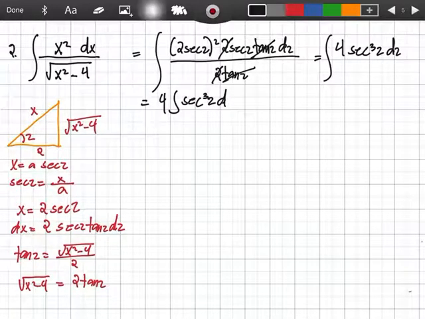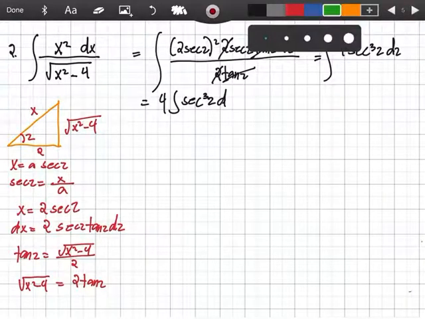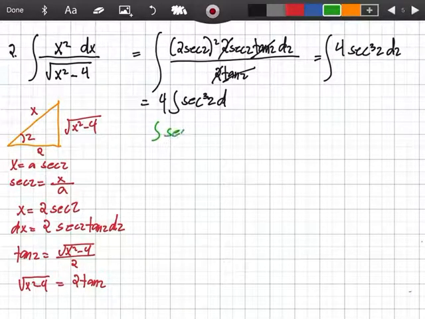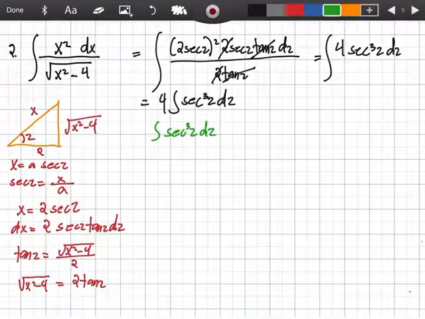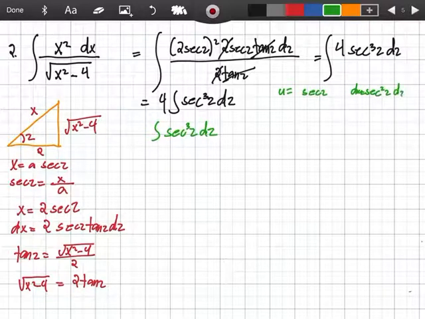Okay, so, isa-separate natin na isolve muna itong ating secant cube z dz kasi gagamitin natin ay integration by parts. Okay, so ang u natin ay secant z at ang dv natin ay secant squared z dz.